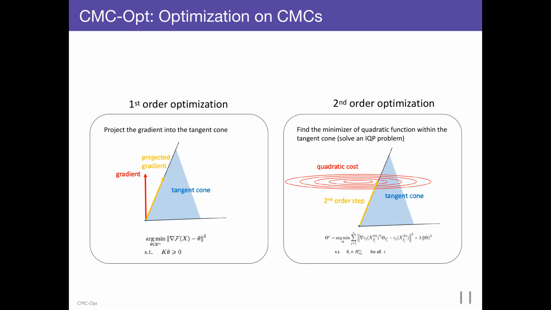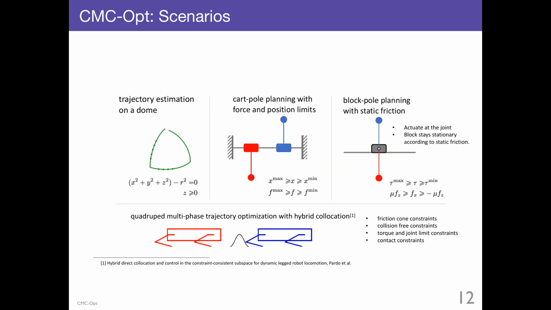At the top, you have unconstrained optimization. But all the little manifold retractions are small optimization problems, with the emphasis on small. We have in the paper three examples. One is a simple sort of ant planning problem. We do estimation. We have cart ball with friction, and we have a complex multi-phase hybrid collocation system with a quadruped jumping over a barrier.